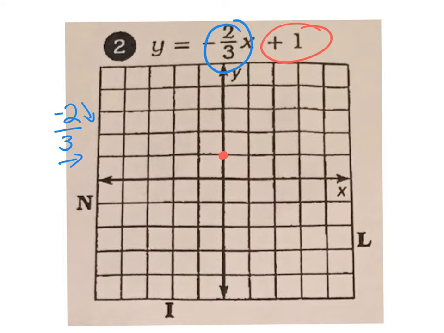And then we're going to fall down 2, 1, 2, and then run across 3. So that would be our next point. And then we are going to make our line to connect those two. And if you want to keep connecting it so it goes all the way through the L, you can see that number 2 would be the L.